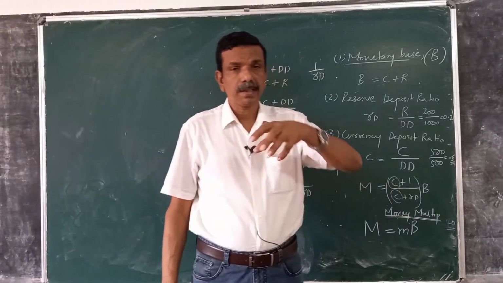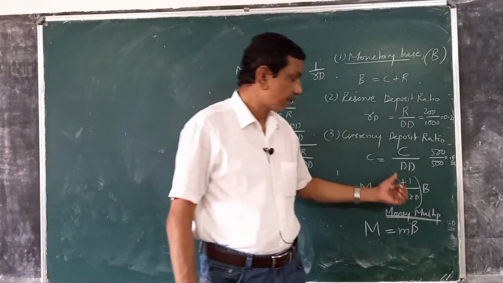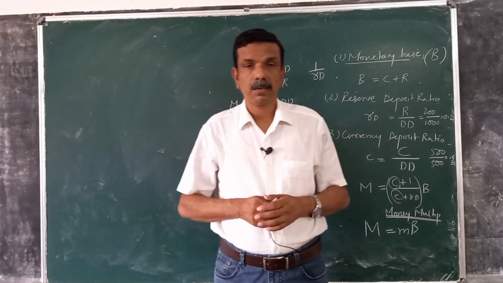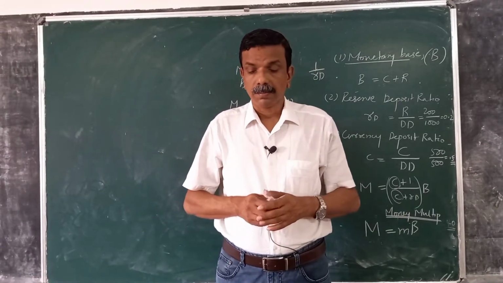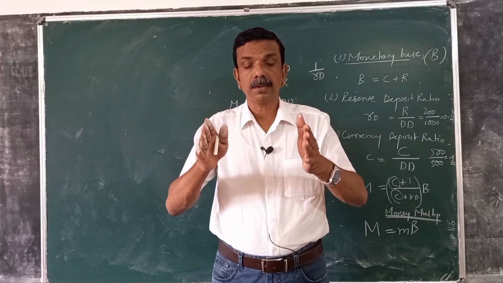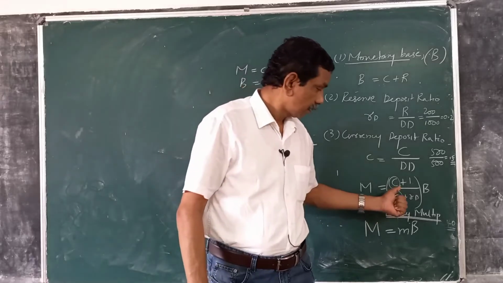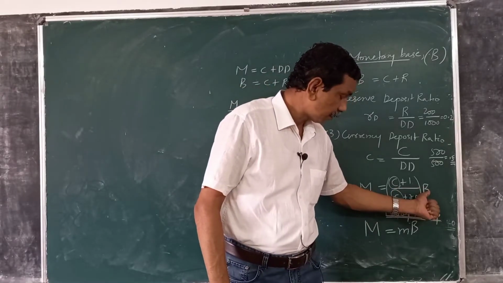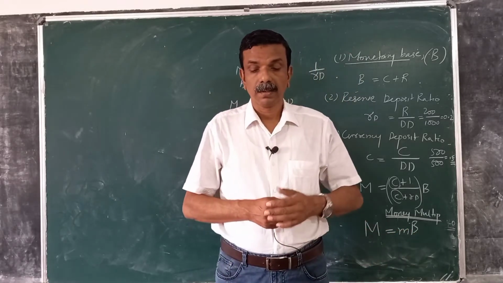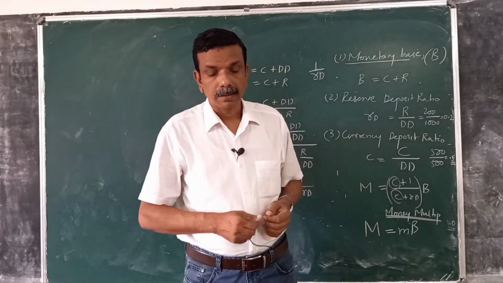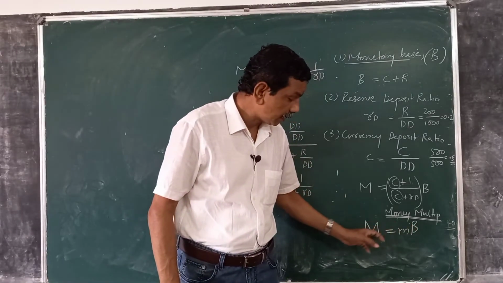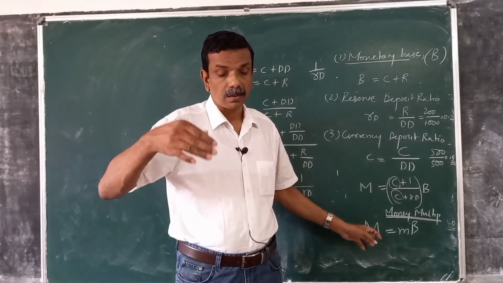And let me give a formal definition of the money multiplier. Each dollar of monetary base produces m dollars of money, because the monetary base has a multiple effect on money supply.